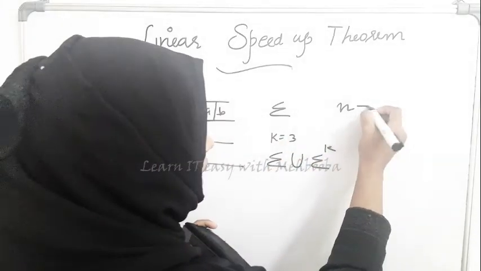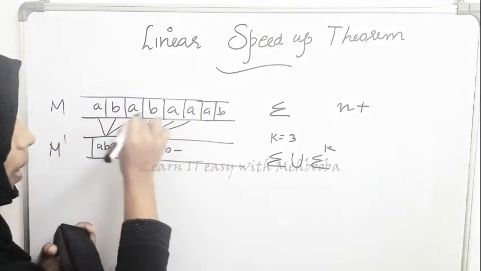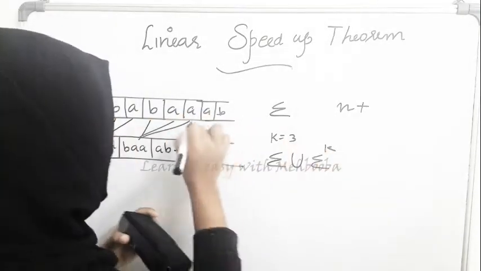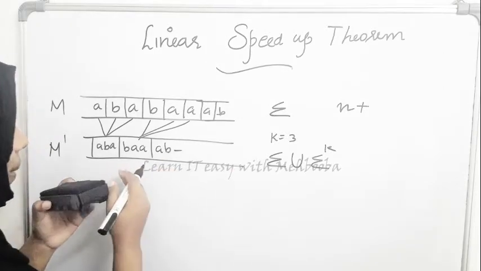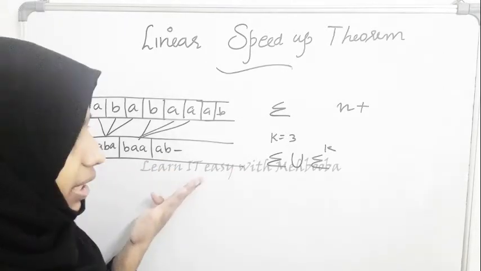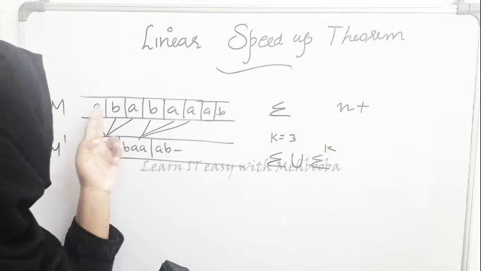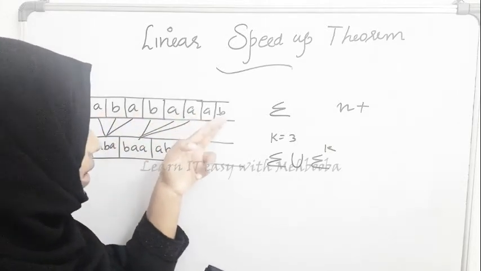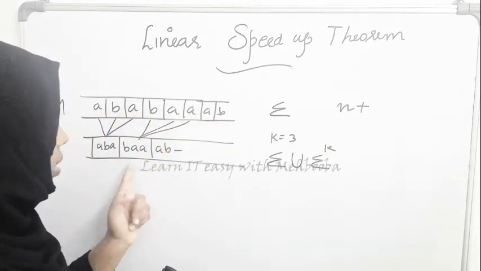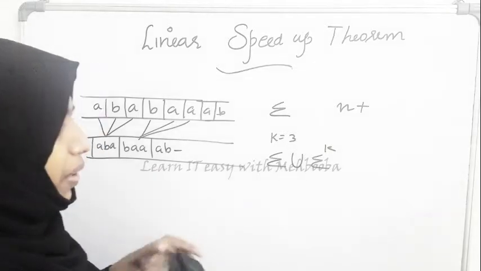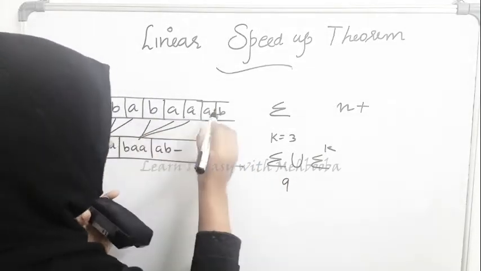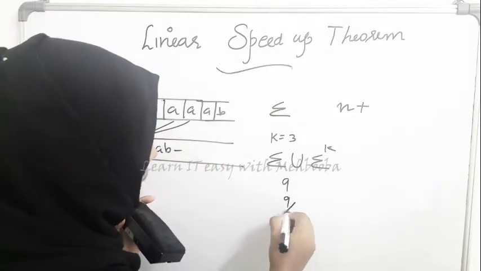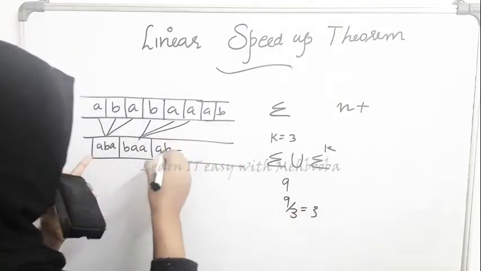So the complexity has an n part, because we have to copy all these n cells from this tape. Now we have to copy them into n by k cells here, isn't it? For example, we have 1, 2, 3, 4, 5, 6, 7, 8 characters here, so we need 3 cells here. If 9 symbols were here, we need 9 by 3, that is 3 cells here, isn't it?